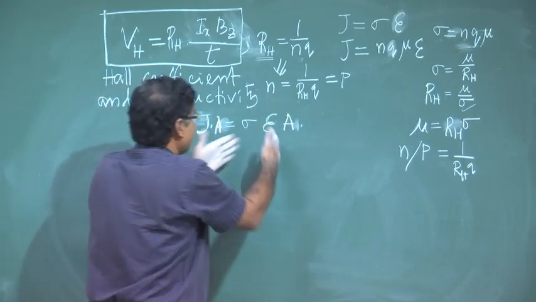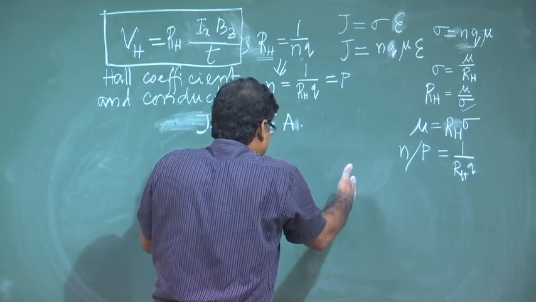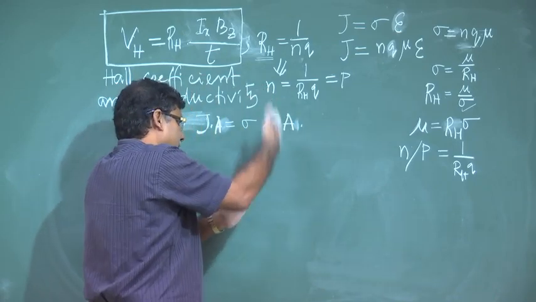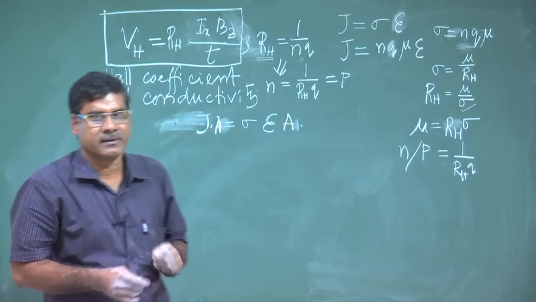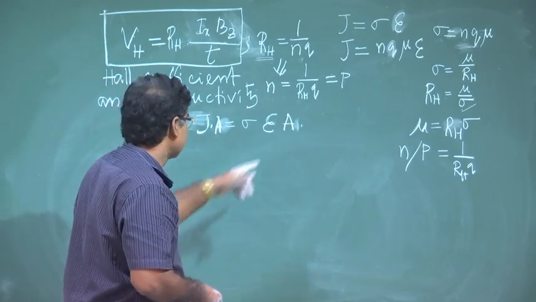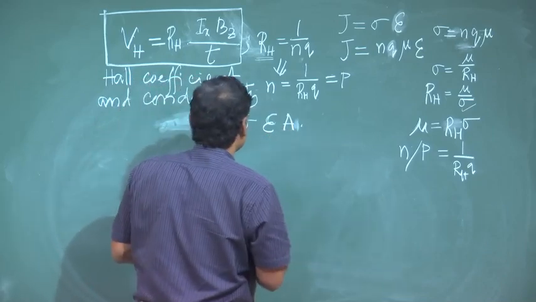So, say the electric field is applied along the length, and this is the cross section A of this sample. This is the width and the thickness, it is related with the width and the thickness.